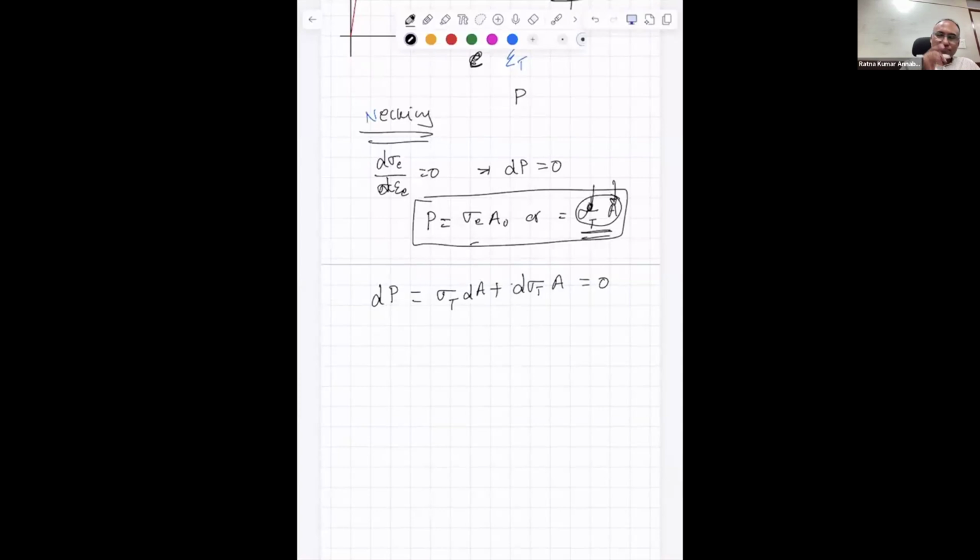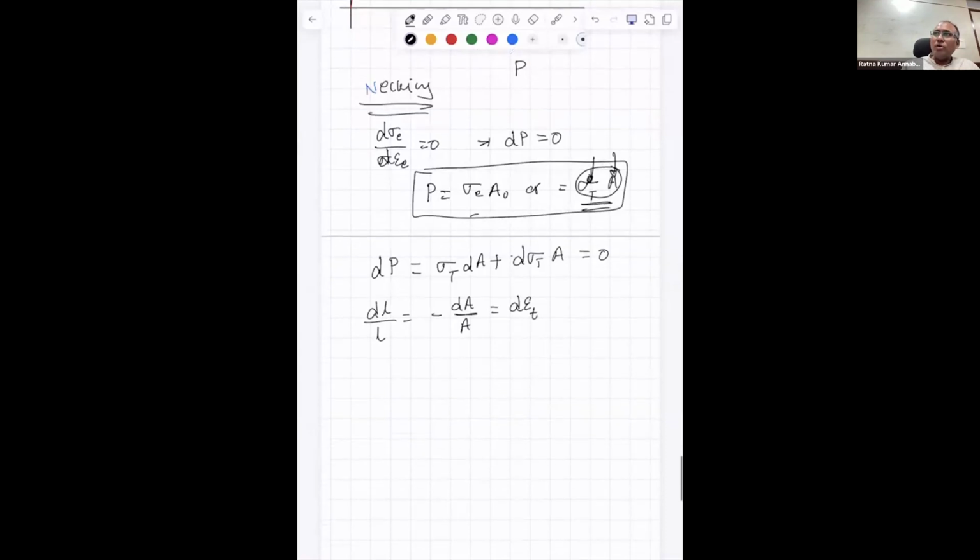And from volume constancy, just before the onset of necking, we have dl by L equal to minus dA by A, because the increase in length should be compensated by the reduction in area. And dl by L is equal to d epsilon, the true strain.